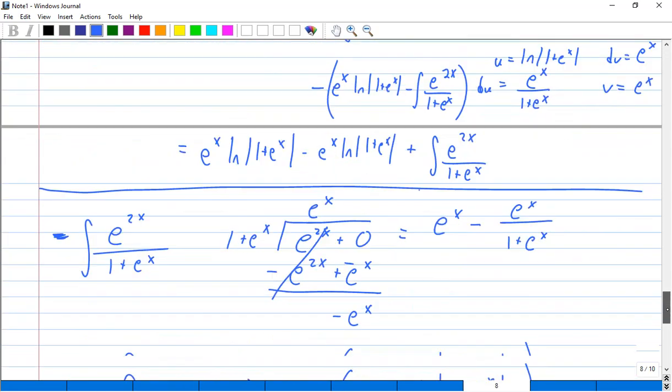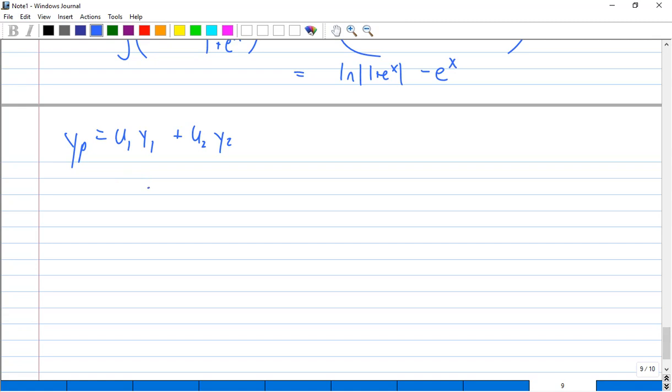Yeah, it was e to the negative 2x. So I'm going to say e to the negative 2x times, it was natural log of what? 1 plus e to the x.